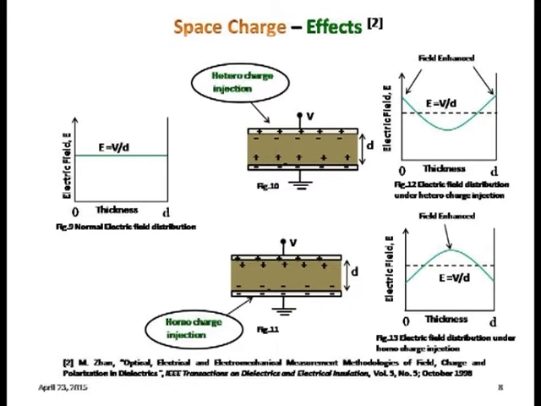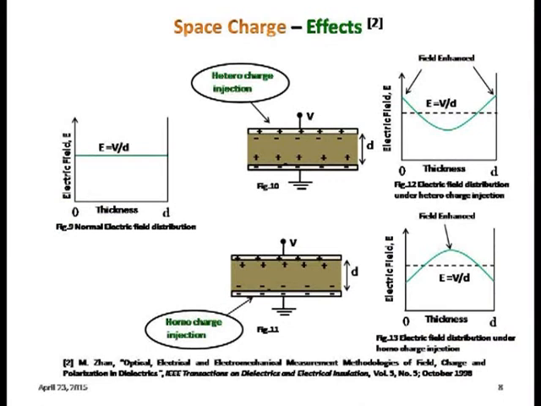Similarly, this is the heterocharge injection case, and when homocharge is injected like this, same-polarity charge is injected, at the edges the field will be low, slowly increasing, and in the middle it will be higher. So in either case, what is observed is that with no space charge, the electric field is constant and never crosses the average value, E equal to V by D. But in the case of charge formation, whether hetero or homocharge, the maximum electric field is always more than the average value.